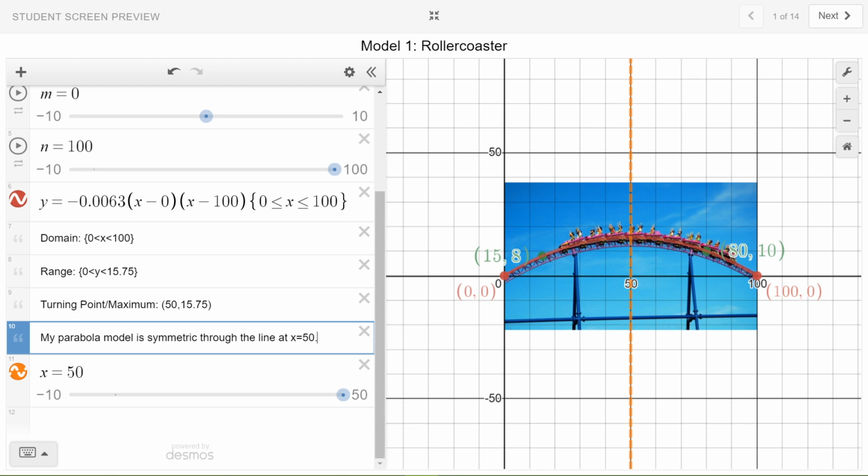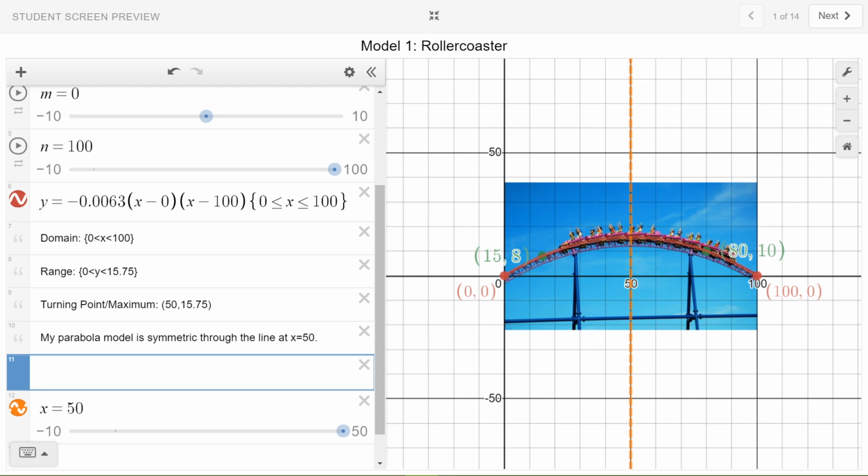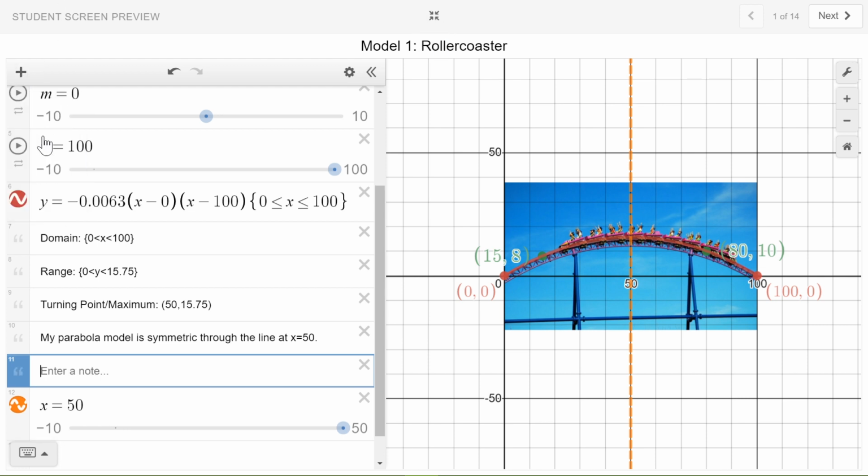Domain, range, turning point, symmetry, and of course I've got to do my x-intercepts. My x-intercepts are at 0, 0 and 100, 0 for my model.